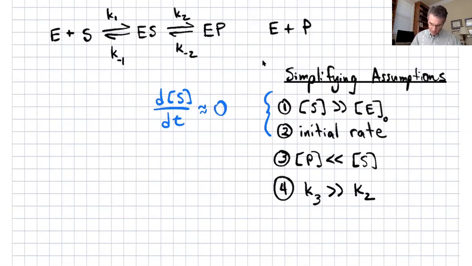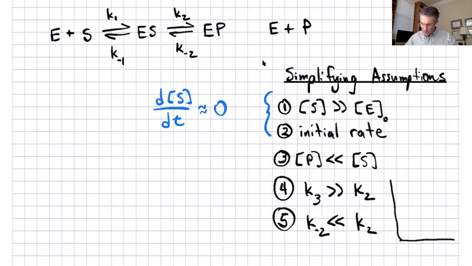All right, how about one more assumption, or generality. Another thing that's usually true is that the reverse rate constant, K minus 2, the rate at which the product bound to the enzyme reverses and goes back and makes the substrate again, is usually a whole lot smaller than K2. And that's a direct consequence of thinking about what happens in the transition state.